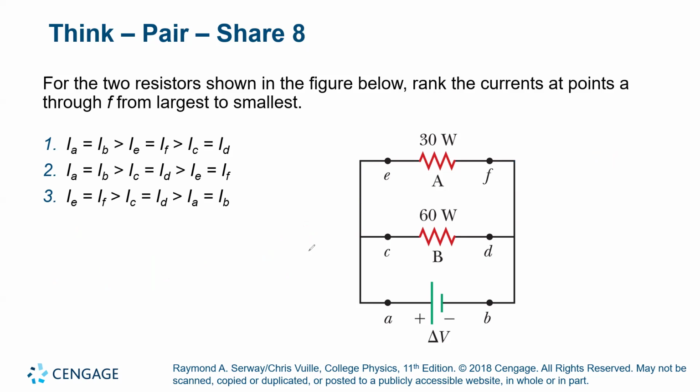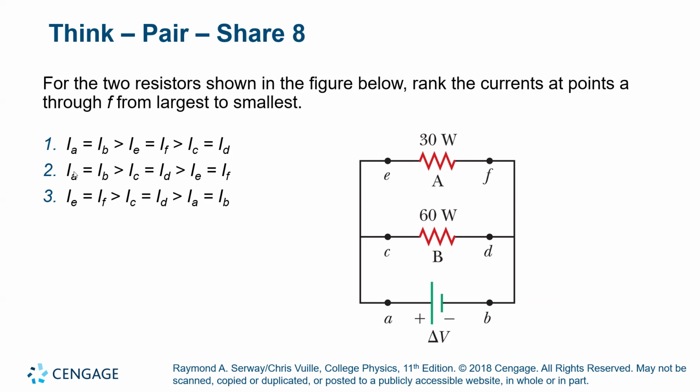and let's just answer this question really quickly now. For the 2 resistors shown in the figure, rank the currents at points A through F. So the current IA is the current flowing out of the battery and going through the 2 branches. It's the total current that is being diffused out into the 30 and 60. So that actually has to be the largest current.